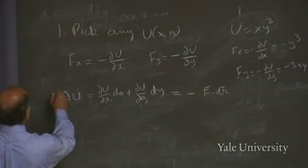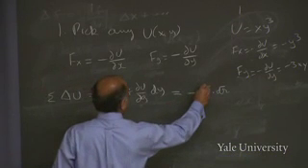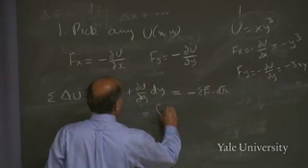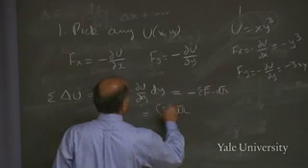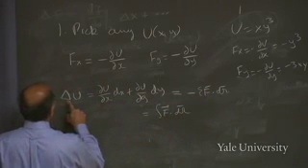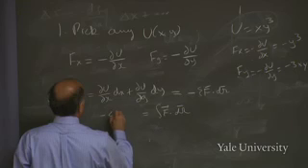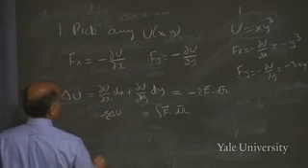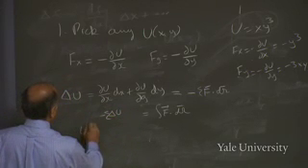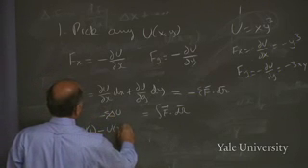Now, if you add all the changes, the right-hand side becomes the integral of f dot dr, and the left-hand side becomes the sum of all the delta u's with a minus sign. Add all the delta u's with a minus sign, and that just becomes u at 1 minus u at 2.